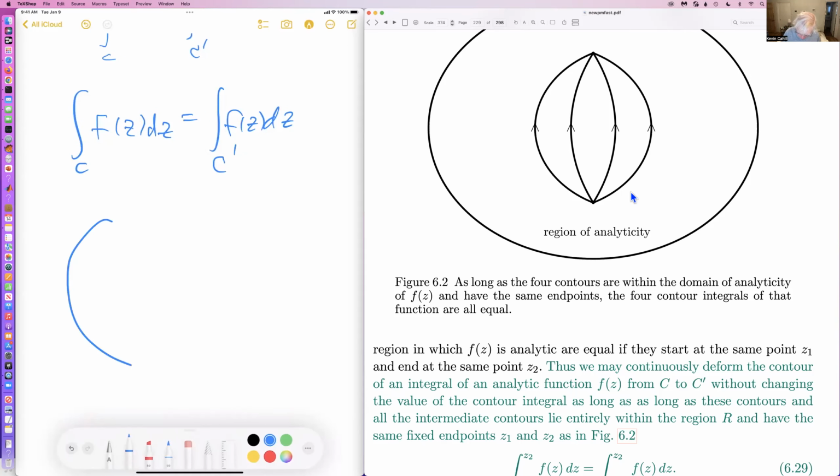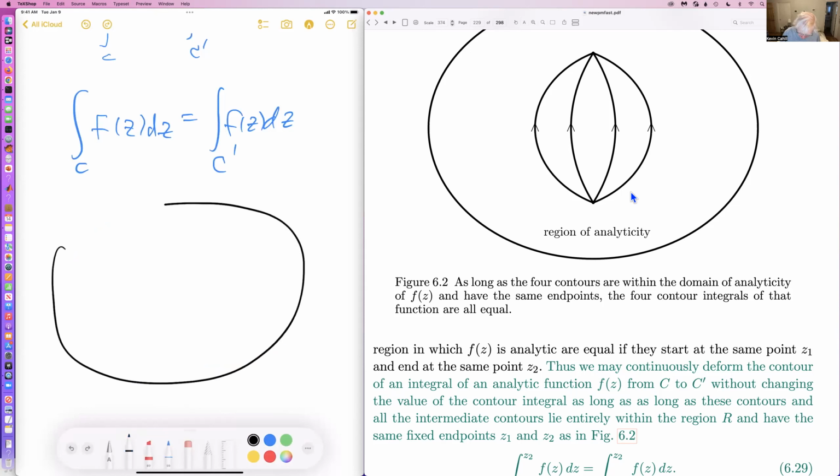We've got here a region of analyticity. We have, let us say, a contour here, and then we have another contour there. Let me label the contours in color.